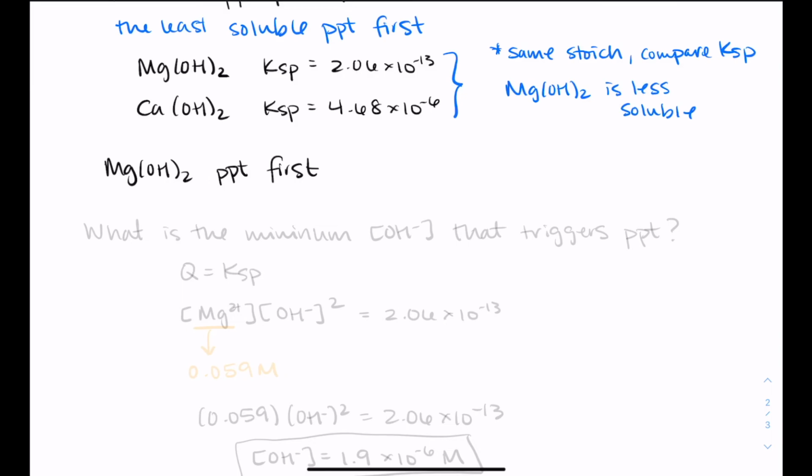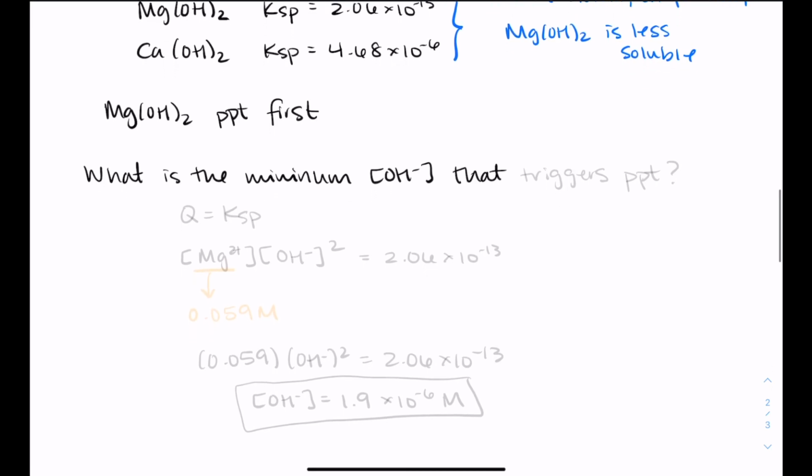So if we calculate the OH minus concentration when Q equals KSP, what we technically have is the point at which beyond it you would get precipitation. So one, probably even less than a drop, but one molecule more, one ion more of OH minus, and this is going to start precipitating.